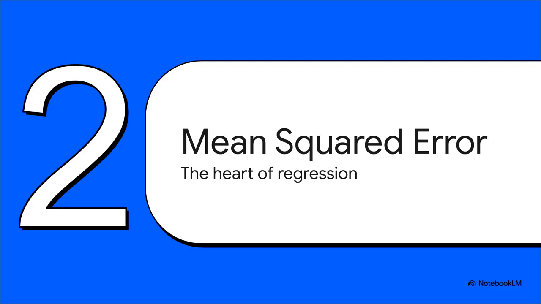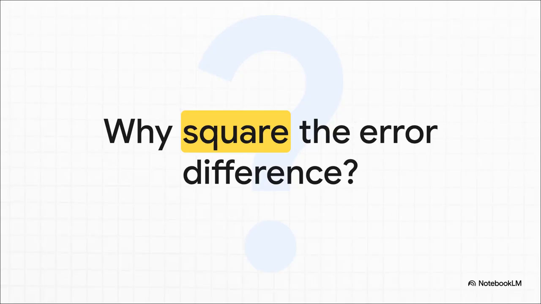Because now that our network can spit out literally any real number, we need a brand new way to tell it when it's made a mistake. Cross-entropy loss worked great for probabilities, but it's totally useless here. If a predicted house price is too high or too low, both of those outcomes are wrong. Now, you might be wondering, why not just subtract the prediction from the true target to find the difference?